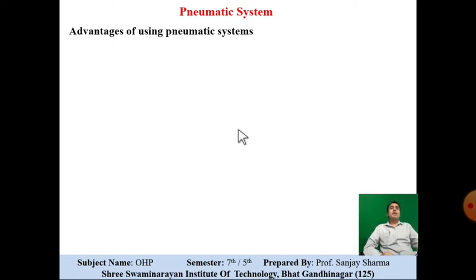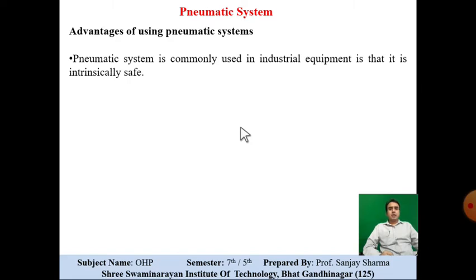Now, what are the advantages of using this pneumatic system? The first one is that the pneumatic system is commonly used in industrial equipment, and it is intrinsically safe. It is very safe as compared to the hydraulic system.